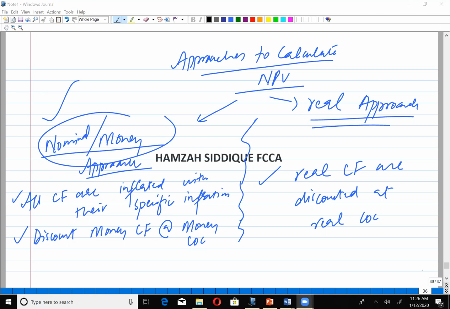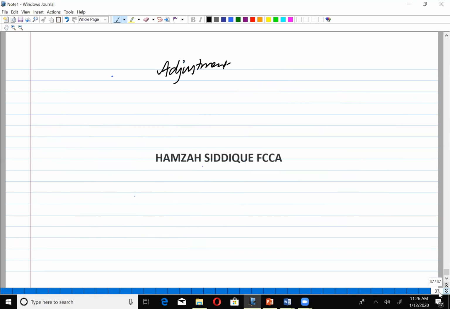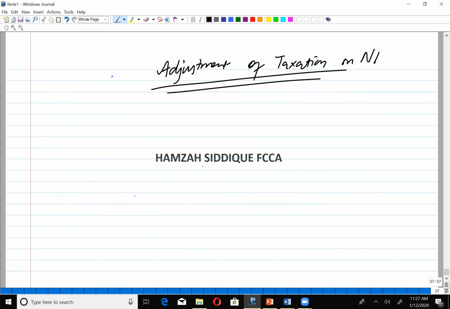So students, next is adjustment of taxation. Taxation adjustment on NPV performer. Again, two aspects. One is cost of capital. The other is cash flows.